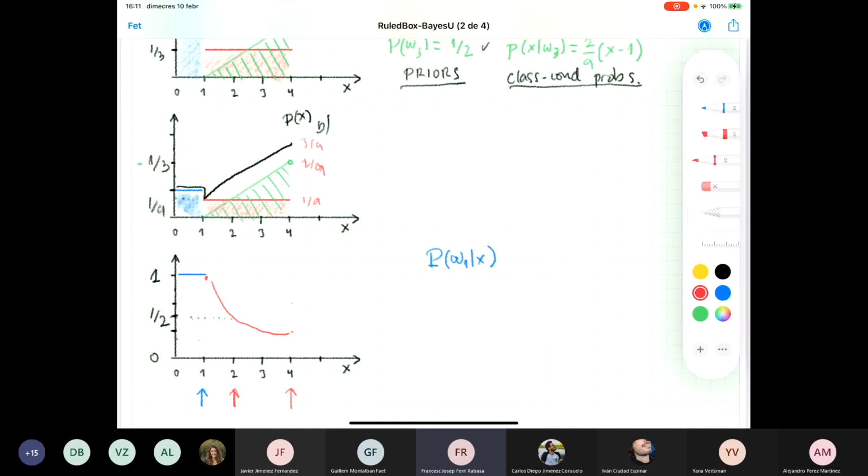And you understand this? And the third one is a linear function divided by another linear function.